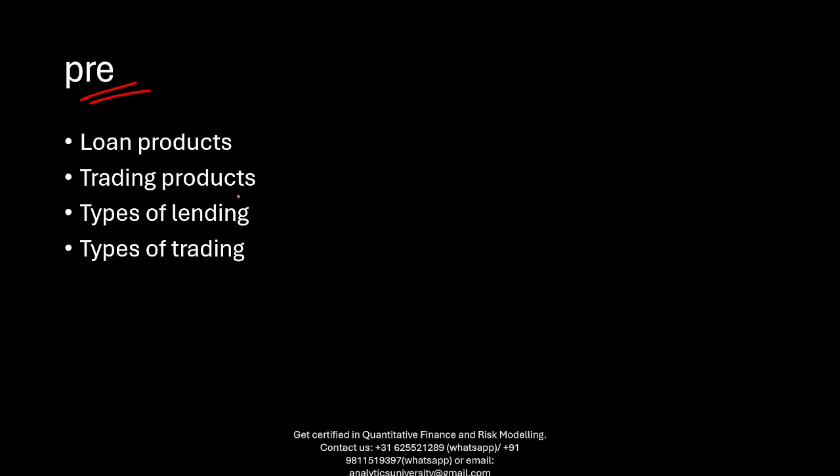You probably can just go through the Wikipedia pages or use ChatGPT or any of these things to understand the loan product, the different types of loans, the different types of trading product, market product, understanding of some lending activities and trading activities. Very, very important. You can easily do that, actually watch some YouTube videos, go through some blogs, use ChatGPT just to understand the basics, or you can also just go through some of the Wikipedia pages.